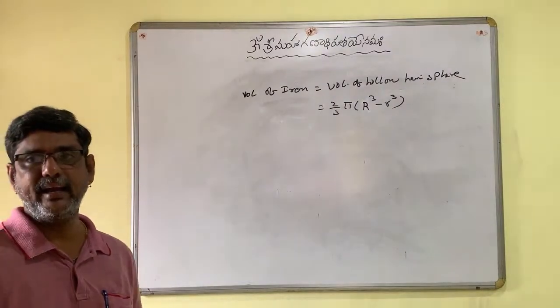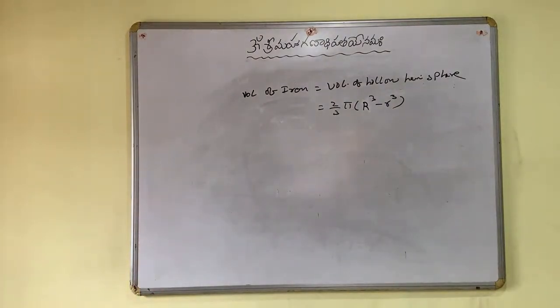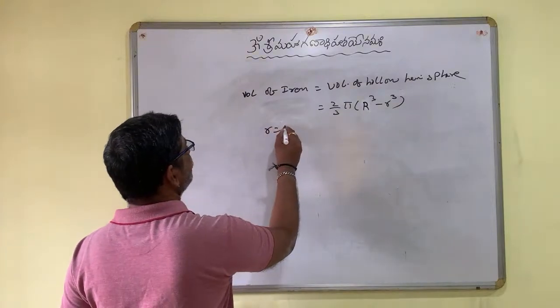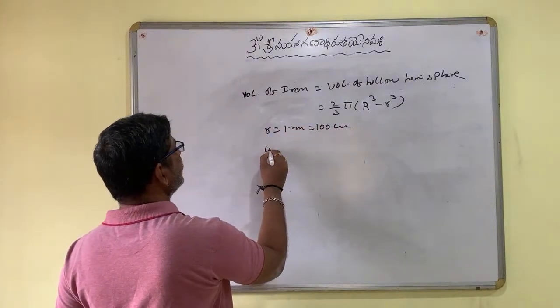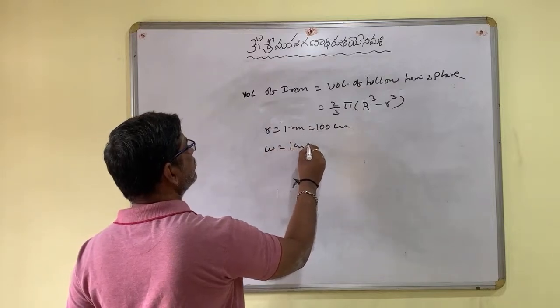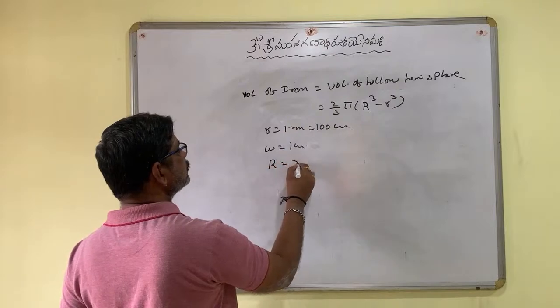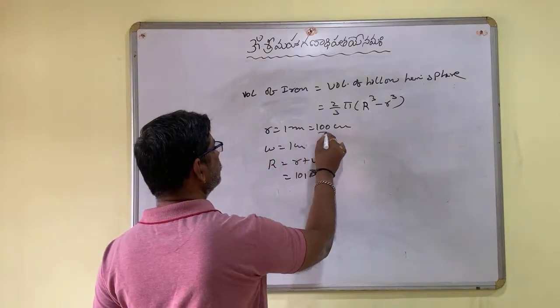Since the inner radius and outer radius are different, it is not 4 by 3. It is a hemisphere, a hemispherical tank. So small r is given as 1 meter, which is 100 centimeters. Thickness is given as 1 centimeter. Then capital R is equal to small r plus thickness, 101 centimeters.